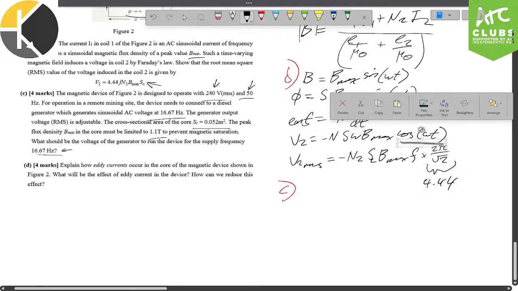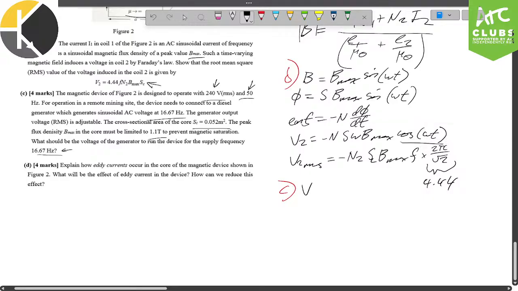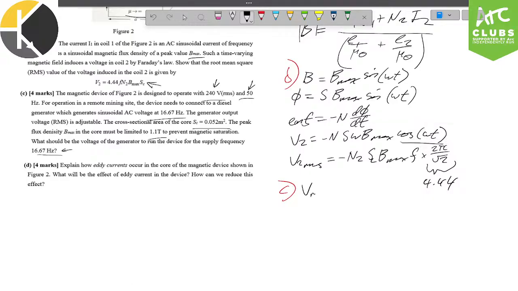So what we're going to say is the V that we have here, so V RMS, is going to be given by 4.44, just looking at above from the previous question, because we usually let questions flow onto questions. 4.44 f N B max SC.